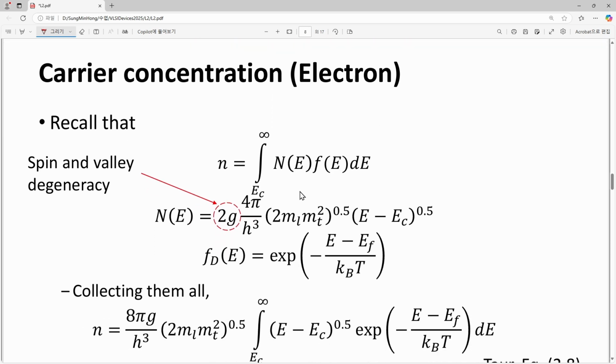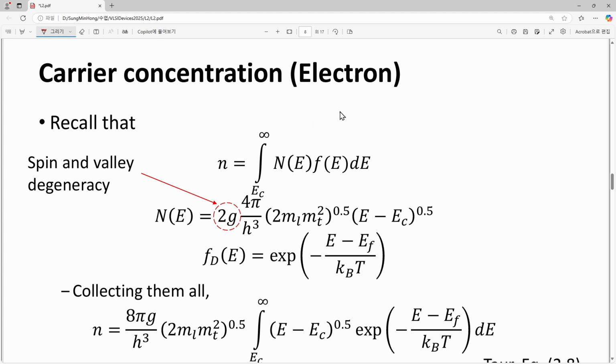By using this information, now let's try to calculate the carrier concentration, for example, the electron density. We can follow a similar way to calculate the hole density p.